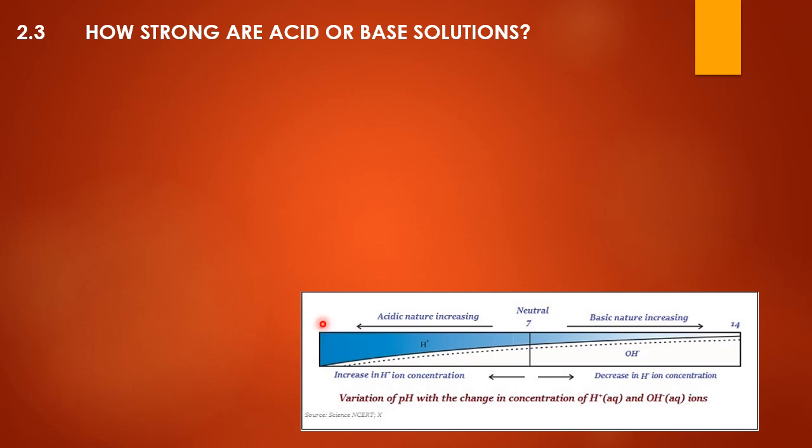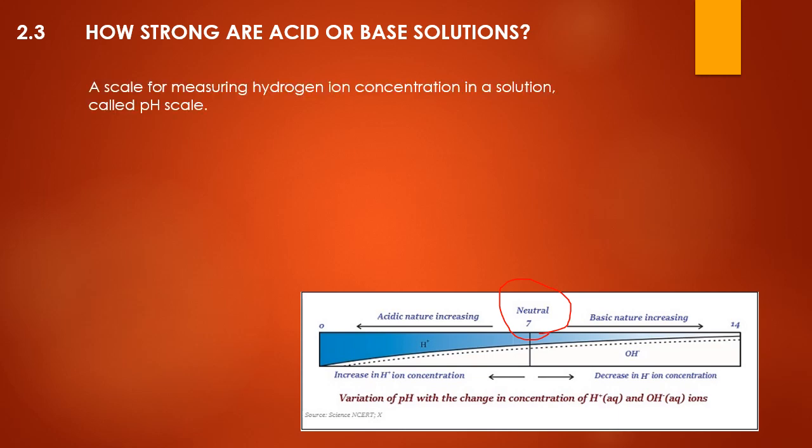If the pH number of any solution is 0, it means it is highly acidic. And if the pH number is 14, it means it is highly basic. If it is 7, it means it is neutral, neither basic nor acidic. The pH scale was given by scientist Sorensen.